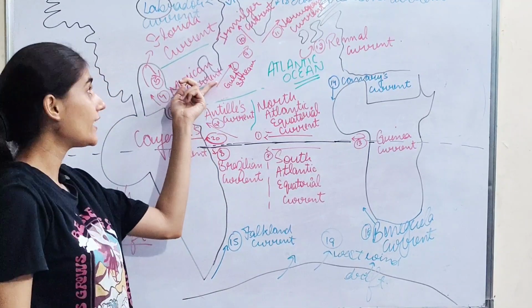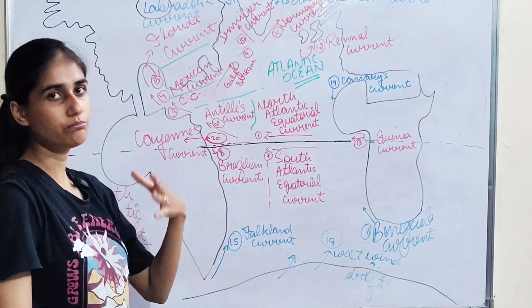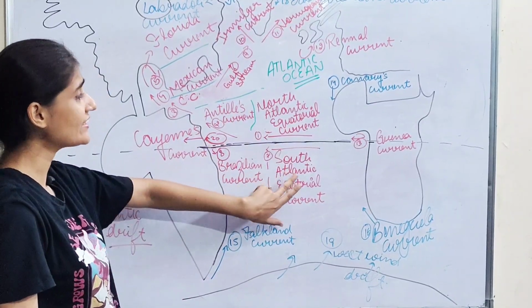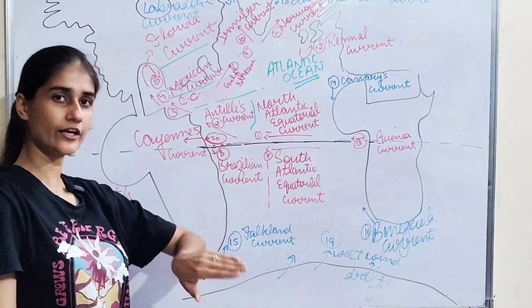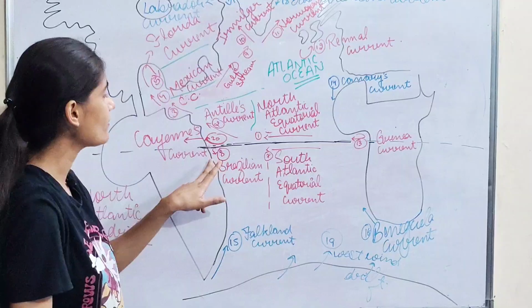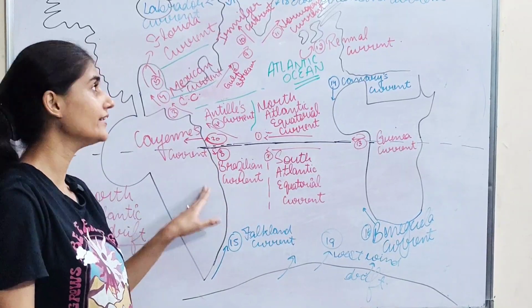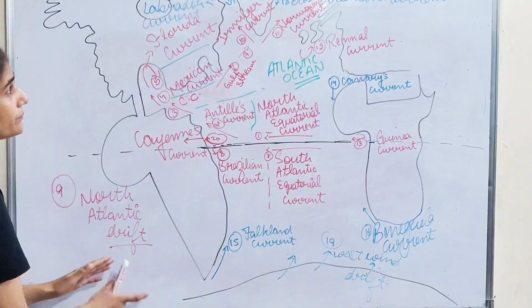Fourth is the Mexican Current. Fifth is the Florida Current. Sixth is the Gulf Stream. Seventh is the South Atlantic Equatorial Current, below the equator, therefore South Equatorial. Next we have the eighth. This is the Brazilian Current. Ninth I have written here, North Atlantic Drift.